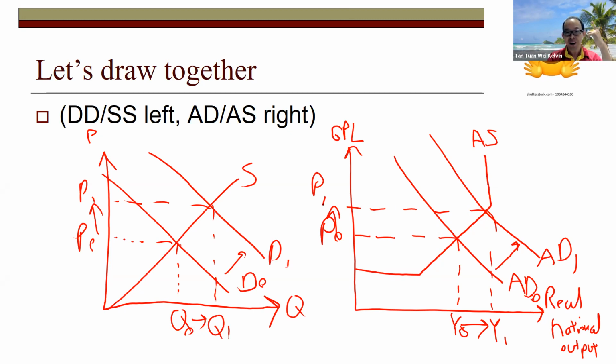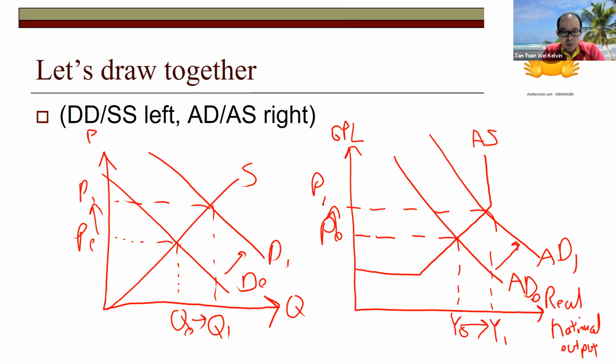Now, in macroecons, this is what we call inflation. So if there are 4 macro goals, one of the goals that your tutor may have said to you in class is that most governments want the inflation to be low. So if this happens from P0 to P1, that means there is some inflation that's impacting this economy.